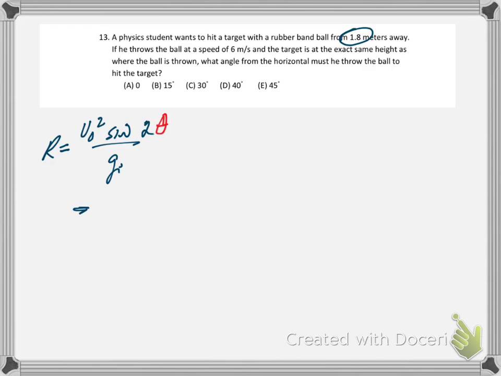So let's see if we can get theta all by itself here. All right, so the first thing that we could do is we could multiply both sides by g. Then we can divide both sides by v naught squared and 2.